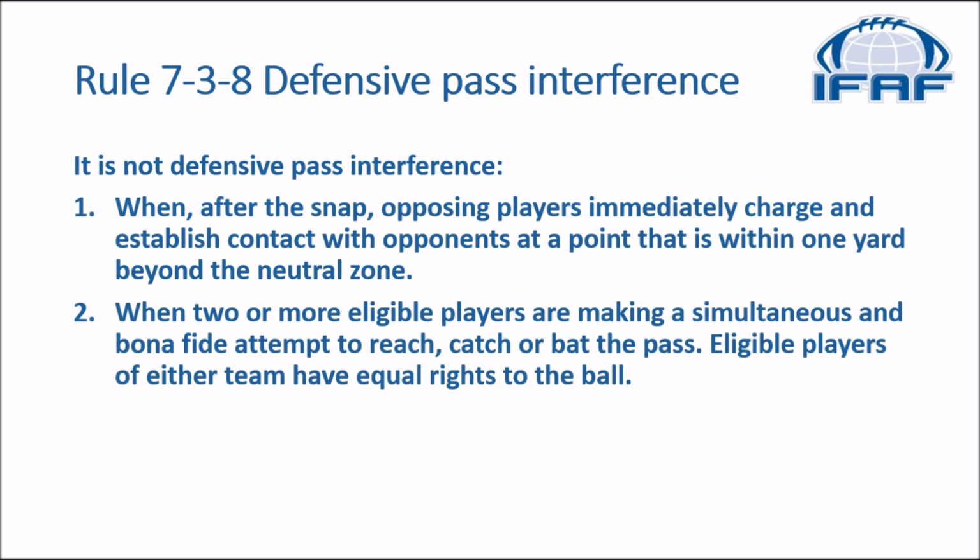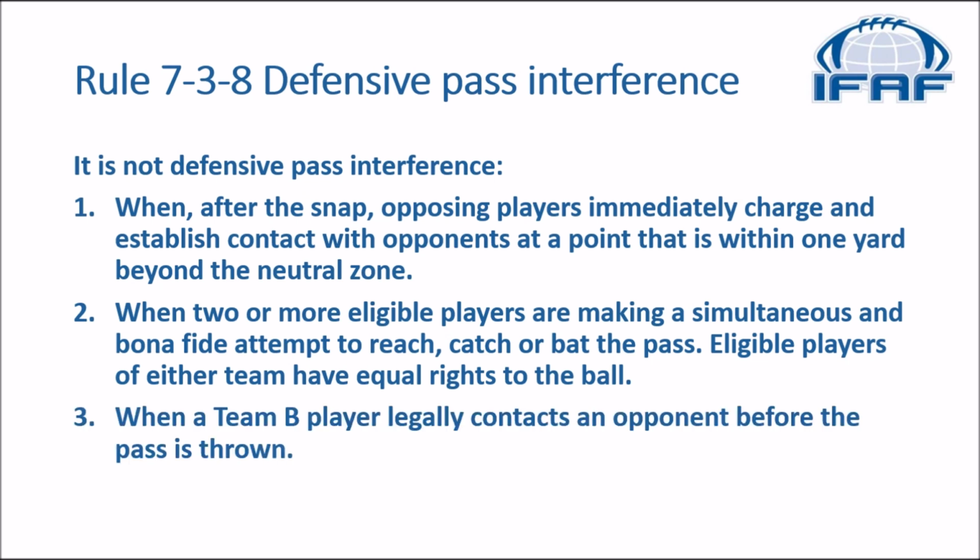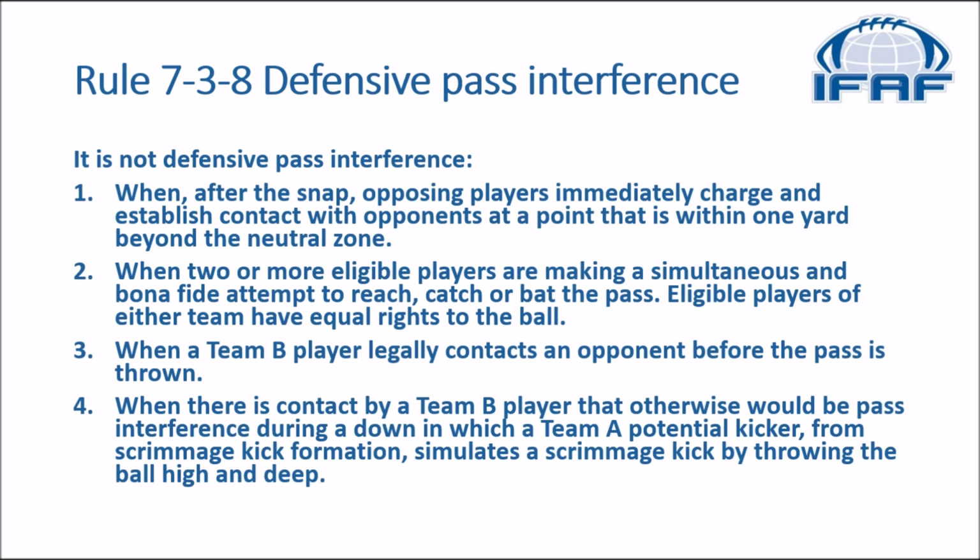Eligible players of either team have equal rights to the ball. 3. When a Team B player legally contacts an opponent before the pass is thrown. And finally, 4. When there is contact by a Team B player that otherwise would be pass interference during a down in which a Team A potential kicker from scrimmage kick formation simulates a scrimmage kick by throwing the ball high and deep.